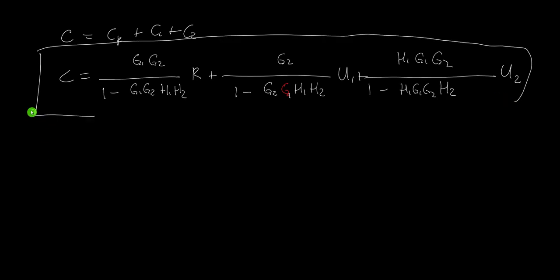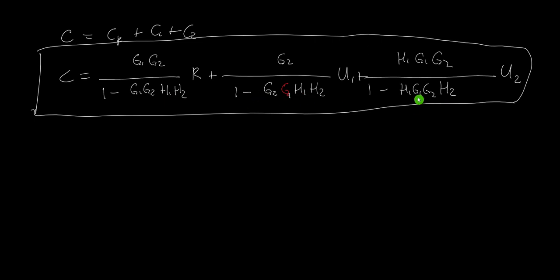So that is how we deal with a system that involves two or more inputs. You can still simplify this if you want, because they all have the same denominator, 1 minus G1 G2 H1 H2.